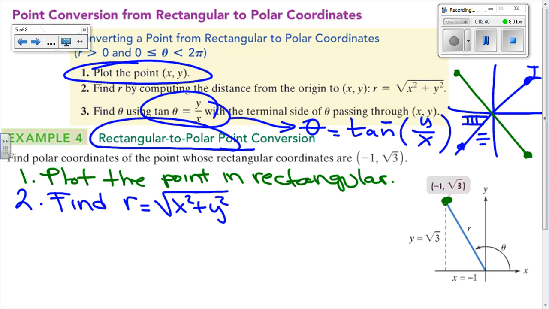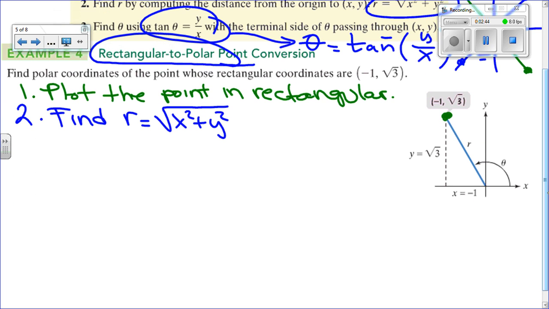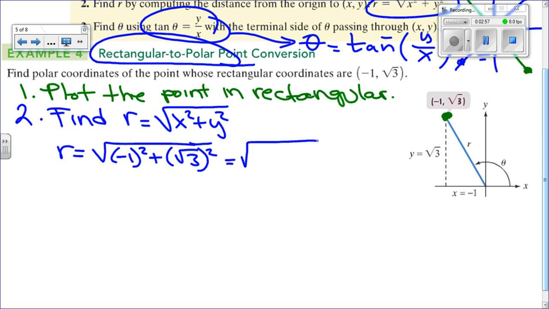That equals the square root of -1 squared plus the square root of 3 squared. That equals the square root of 1 plus, what happens when you square a square root? It cancels out, so 1 plus 3, so that's the square root of 4, which in this case is just 2.